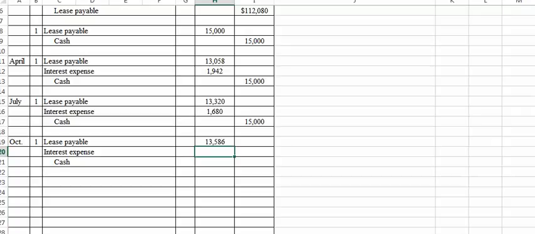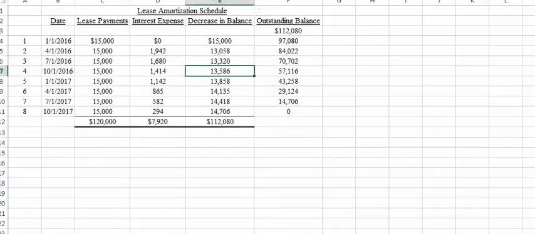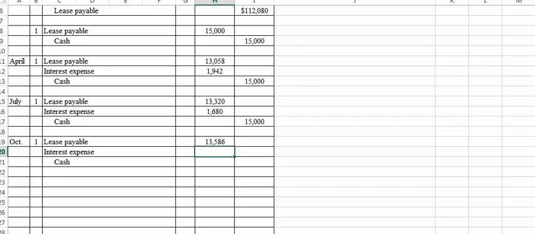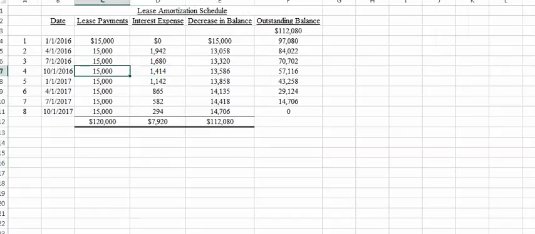We're going to debit interest expense for the interest due out of the October 1st payment, which is $1,414. And then we'll credit cash for the total, which should be the amount of the payment, $15,000.